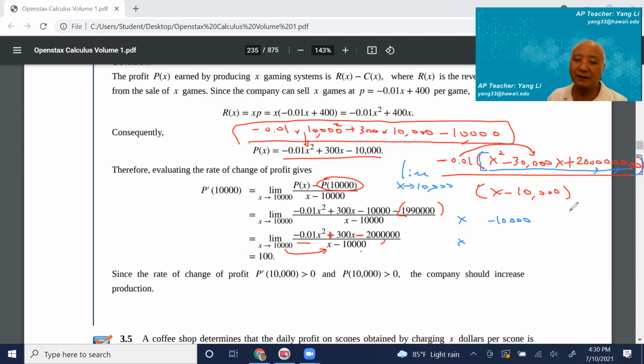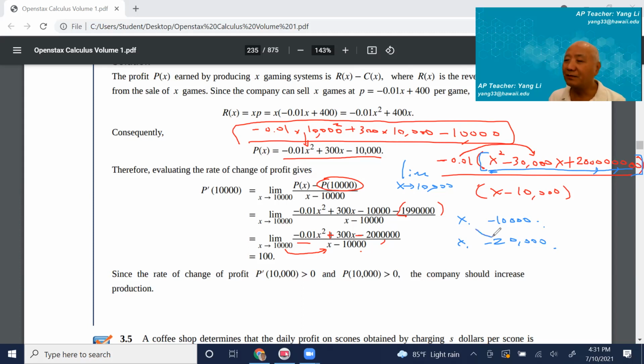So you get 20,000. You see, we made this now. X times x, x squared. Negative 10,000 times negative 20,000 equals 200 million.